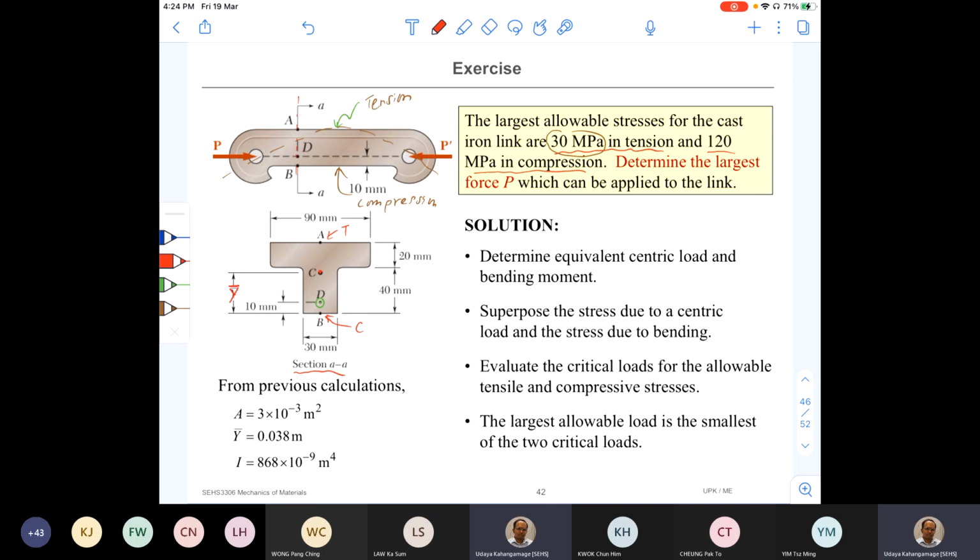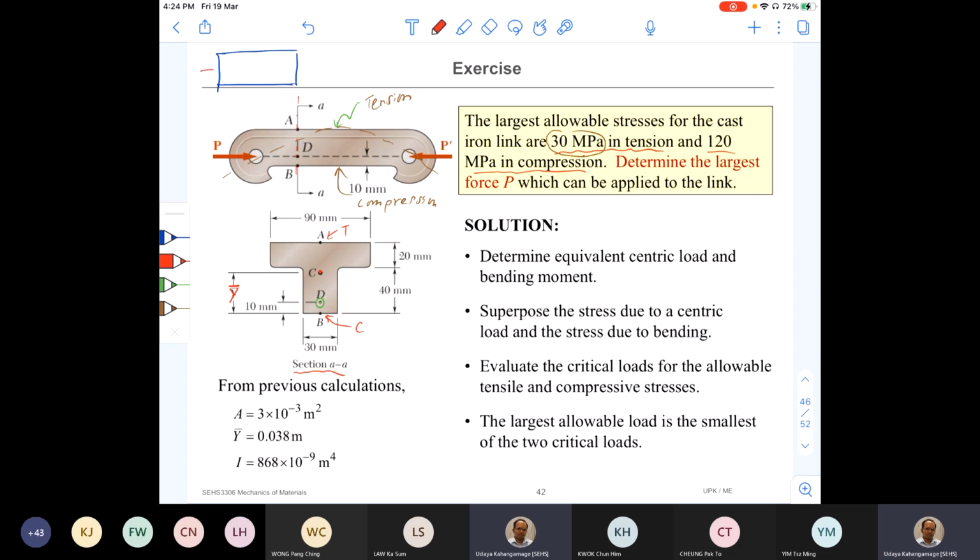All right. So now, first thing that we need to do, we need to find out the internal forces. So you can cut this member at AA, and if I just draw a simple diagram here, the member like this. Right.